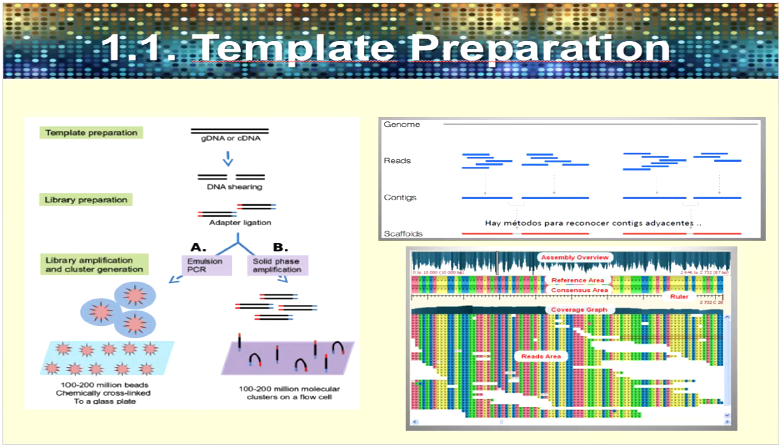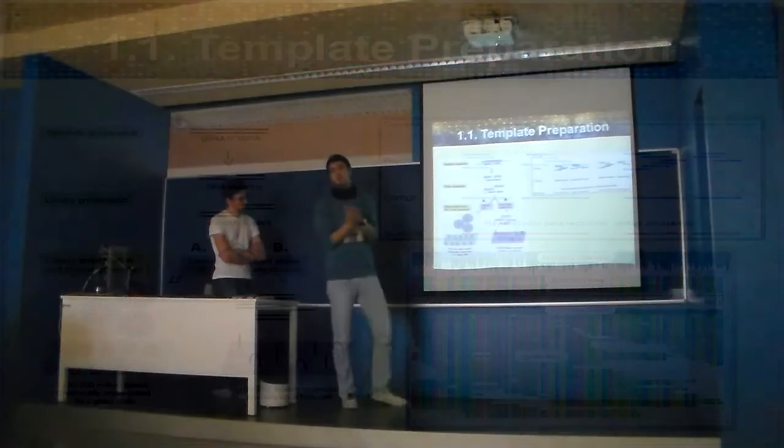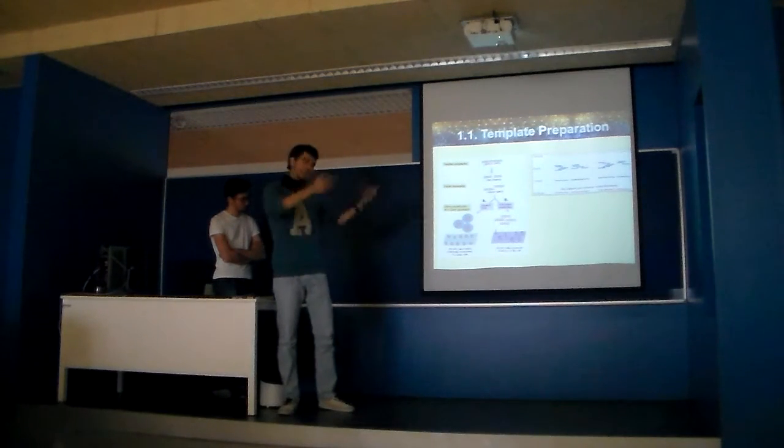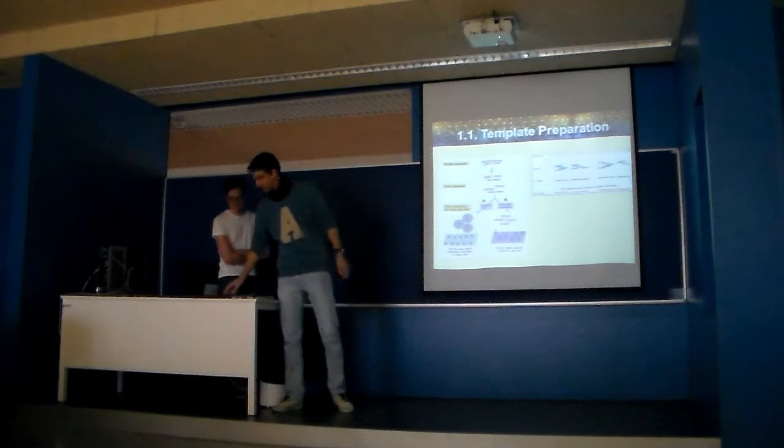For example, Roche 454 pyrosequencing uses this system, while Illumina uses PCR in a flow cell where the adapters are linked to the template. I don't have the time to explain it all.